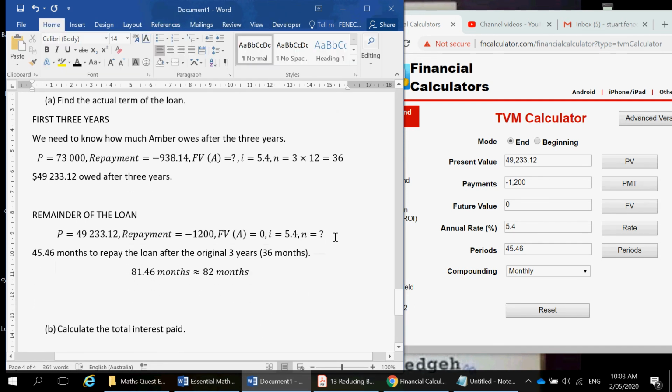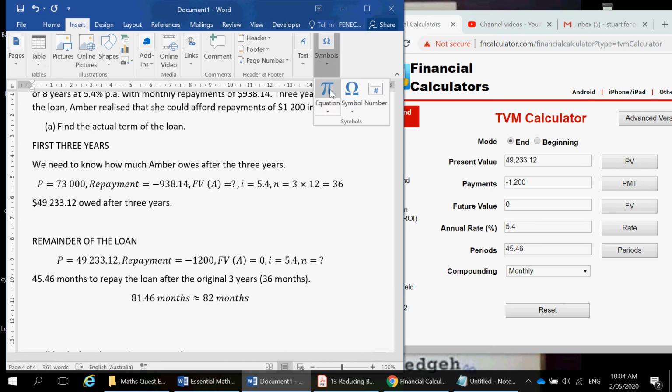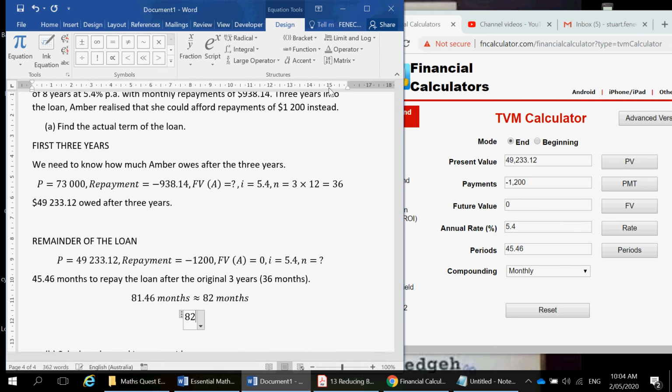Right? So generally you'd want that in years though. So you'd be thinking, oh, hang on, how do I turn months into years? We divide by 12. So 82 divided by 12. Look, how many 12s are in 82?